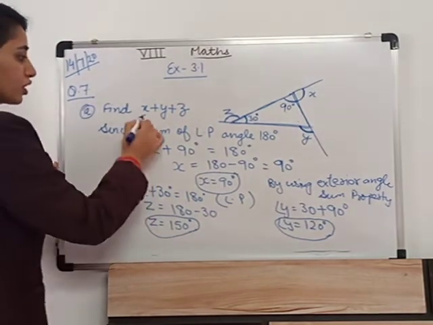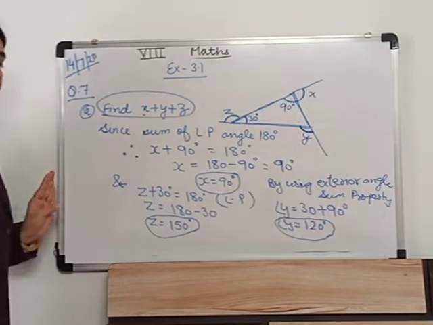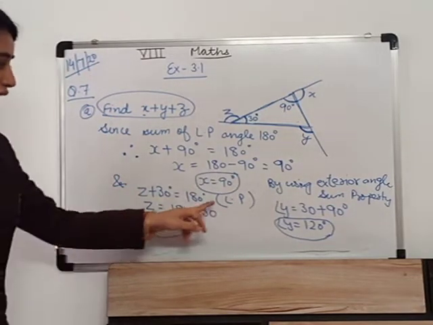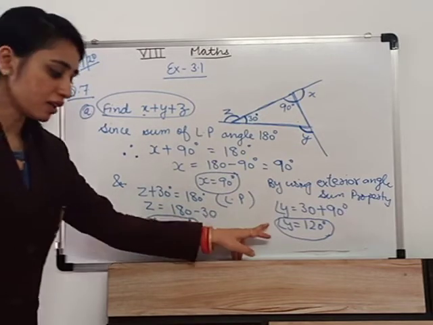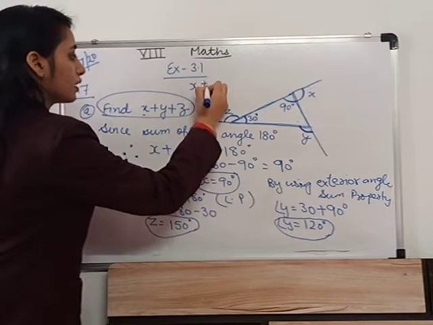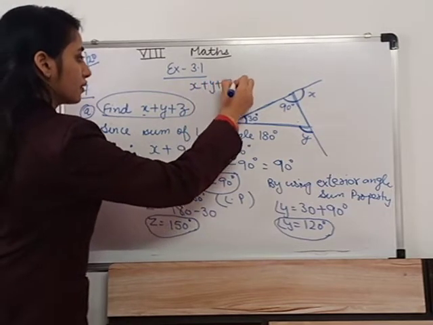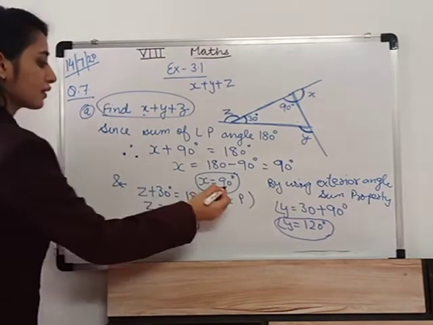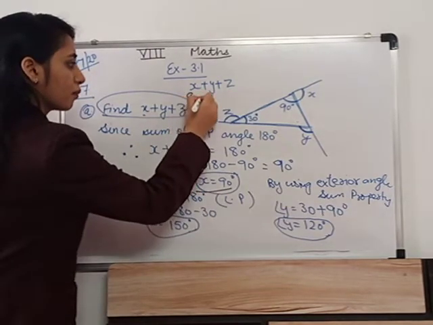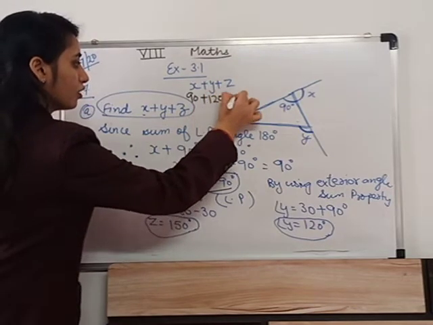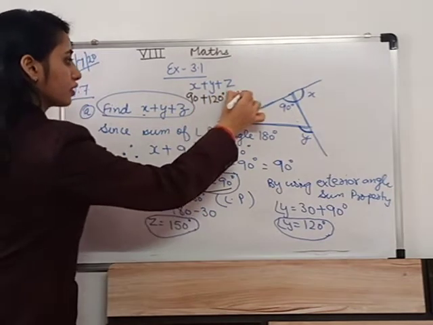Now what is the question? Find the value of x plus y plus z. So now add these values. Put the values in x plus y plus z. X is 90, the value of y is 120, the value of z is 150.